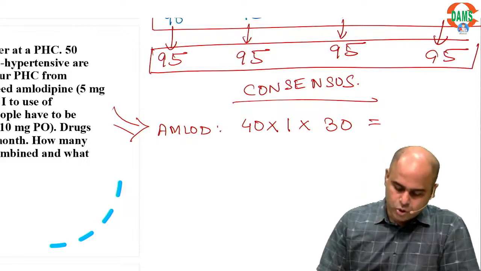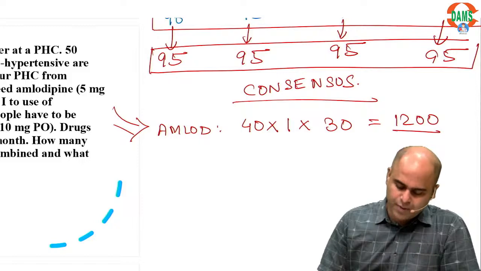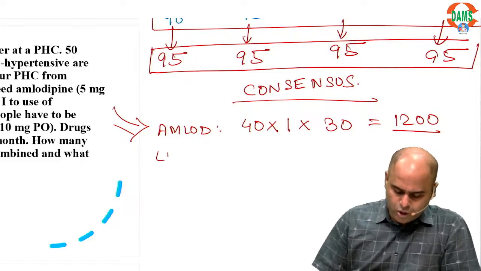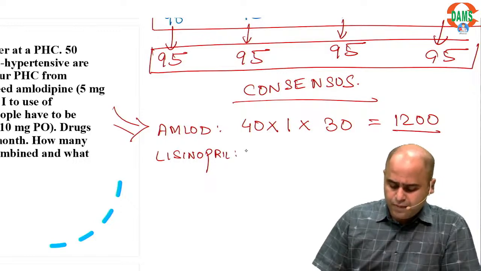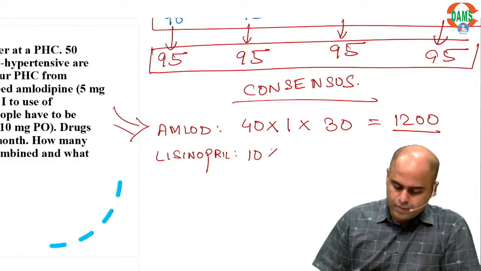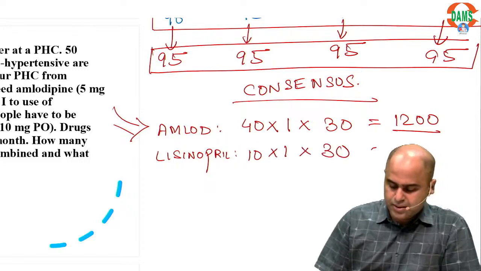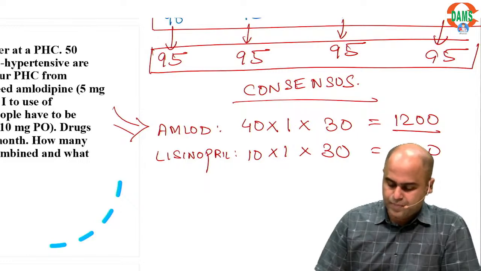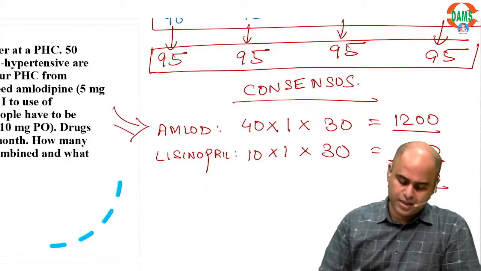So the total number of tablets needed will be 1200. When you talk about lisinopril, we have 10 patients who all will take one tablet for 30 days. So the total is 300. So the total number of tablets needed will be 1500.